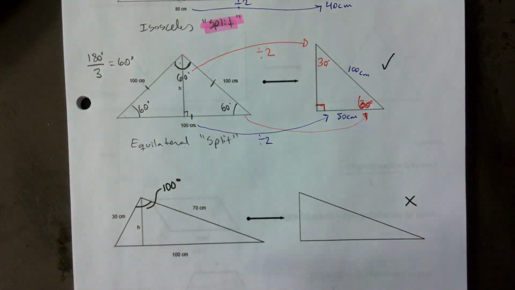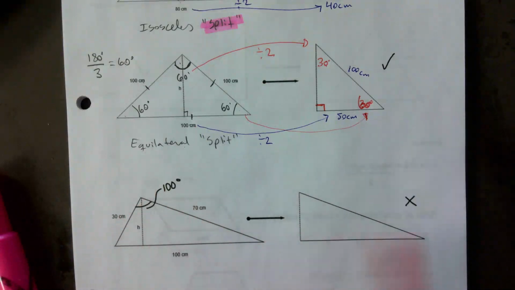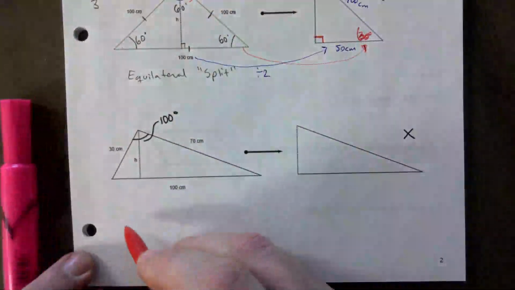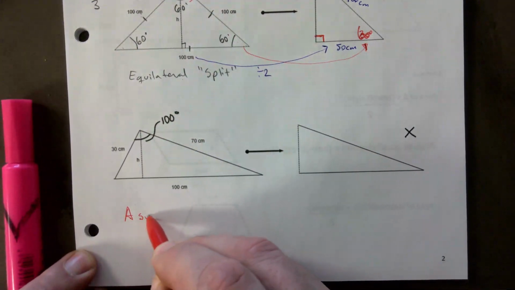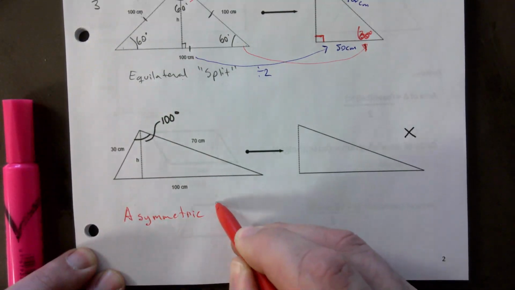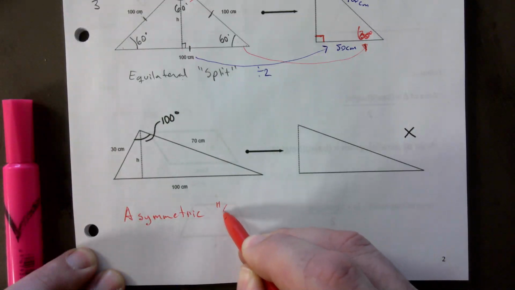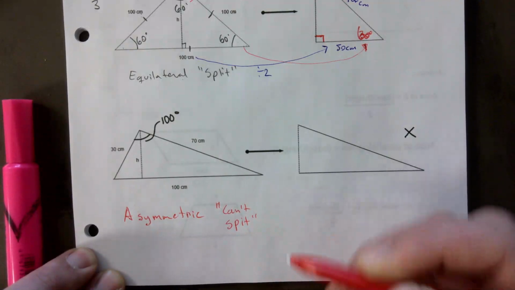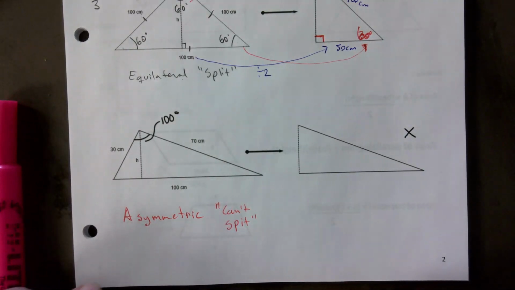This one here, is this one symmetric? It's asymmetric. Can't split, okay? You cannot do what we just did up there. You're kind of stuck.